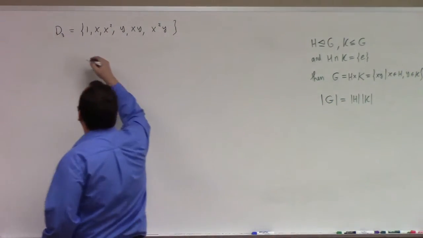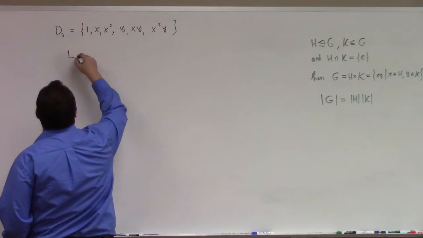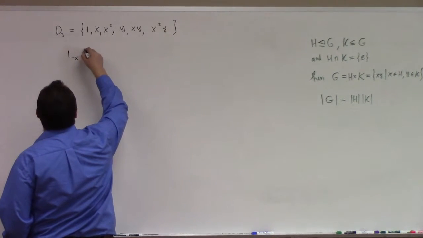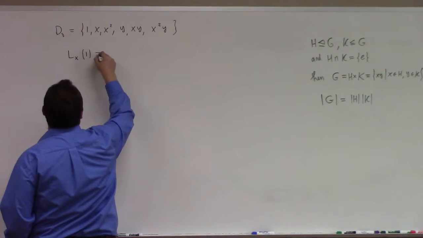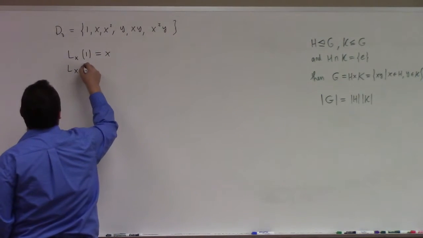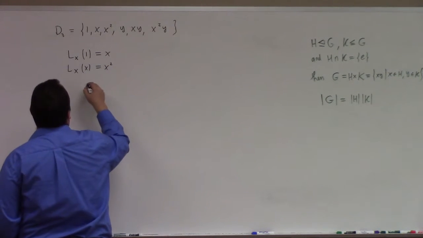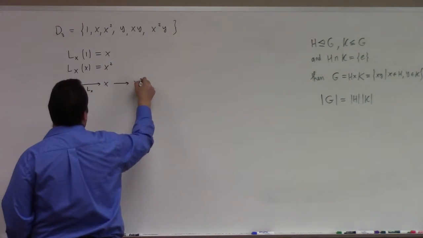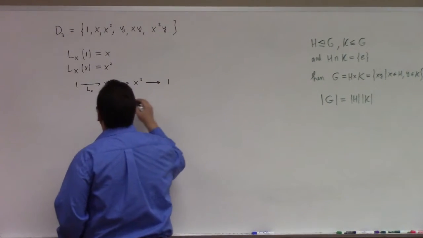So if I have left multiplication by x, how's that go? One goes to x, very good. X goes to x squared. X squared goes to 1. Let's see here. Yeah, I should do it like that. 1 goes to x, and then that goes to x squared, right? And then this goes back to 1.